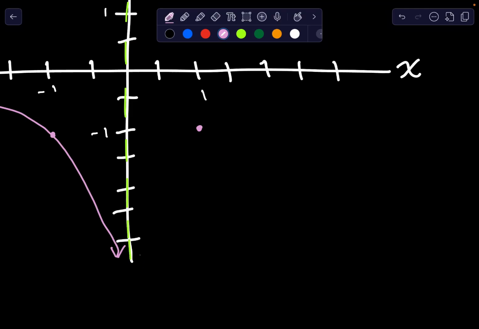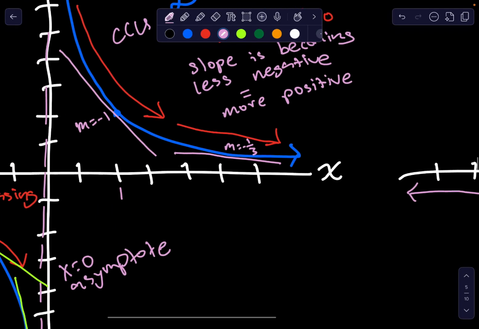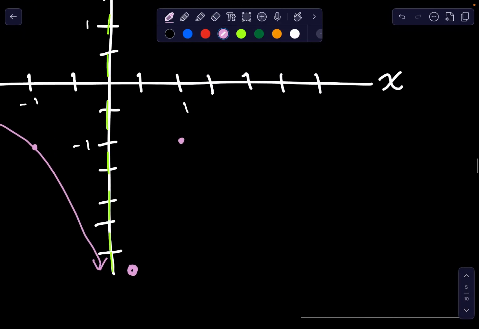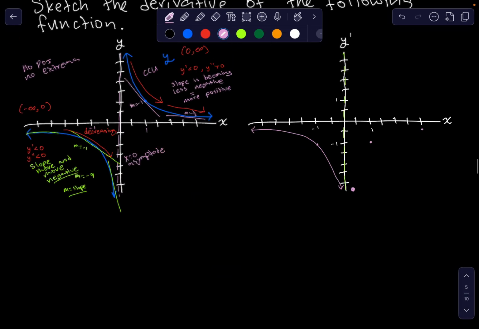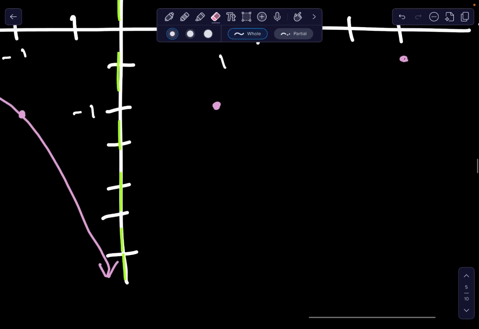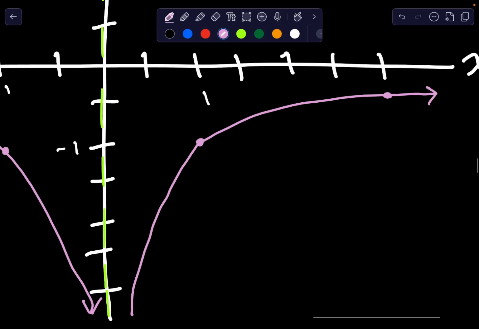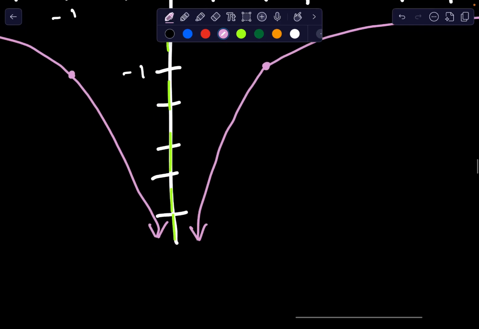So let's say if we drew this line as a bunch of slopes, we have a pretty negative slope because we're way down here. But we become more and more positive, or we become less and less negative. So our y value as we get to the end over here will be less negative rather, because it's not actually going to be positive. And then we can kind of just sketch the graph. That'll continue going along with an asymptote.